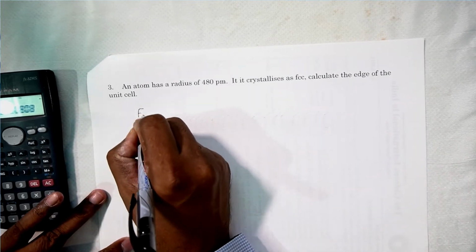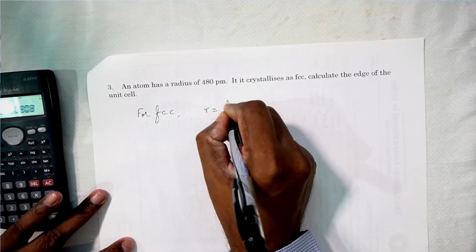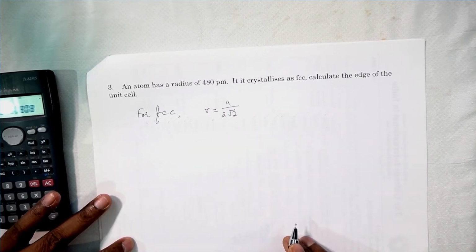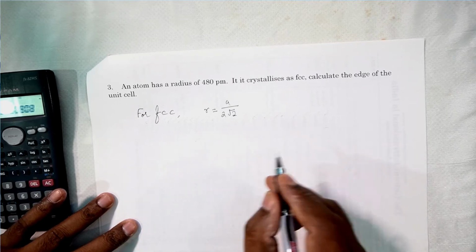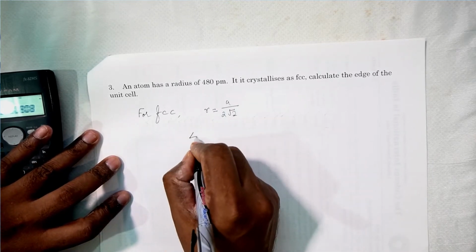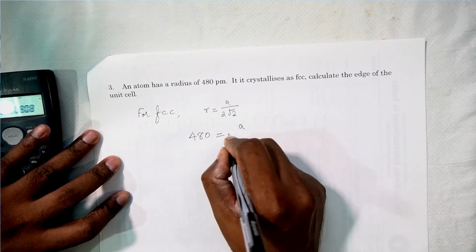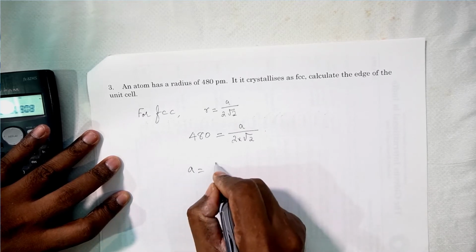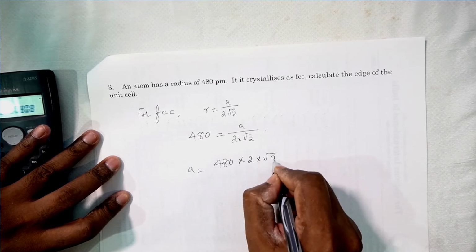Now for FCC, radius r is equal to a upon 2 root 2. This is the formula. The radius given is 480 picometers, so 480 is equal to a upon 2 into root 2. In other words, a is equal to 480 into 2 into root 2.